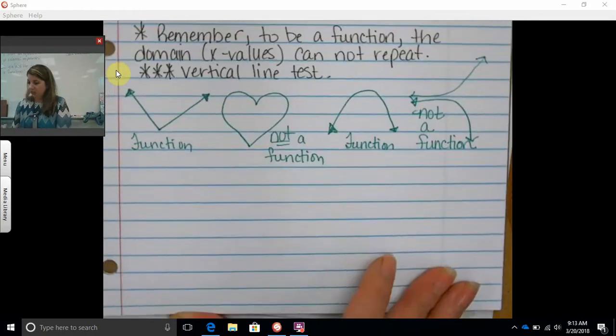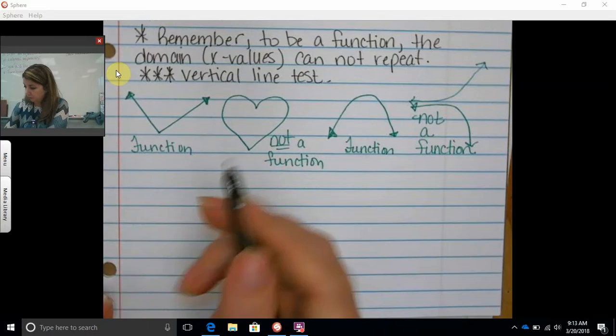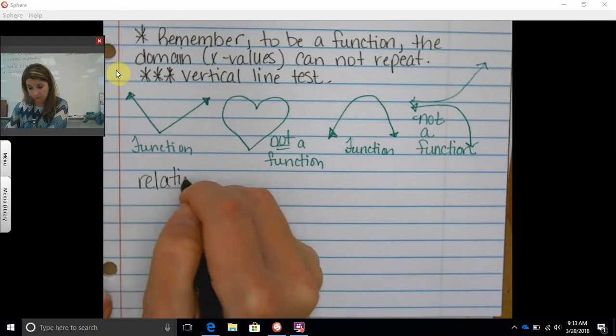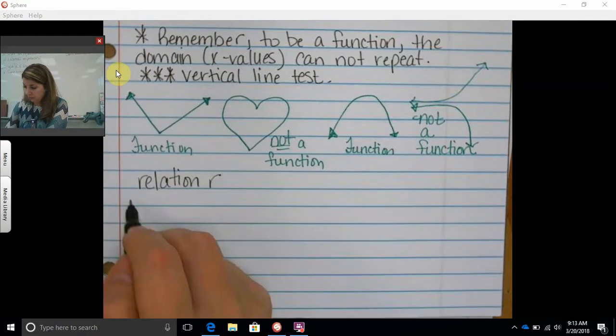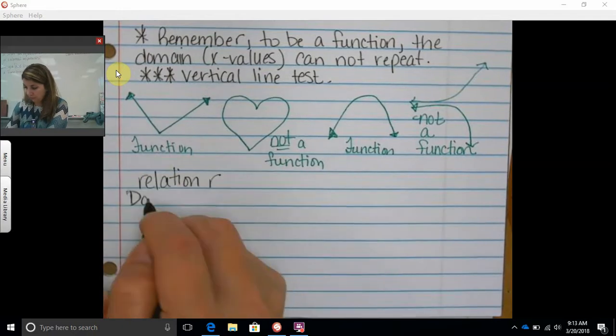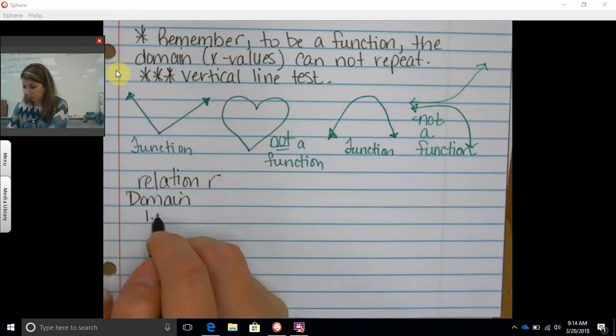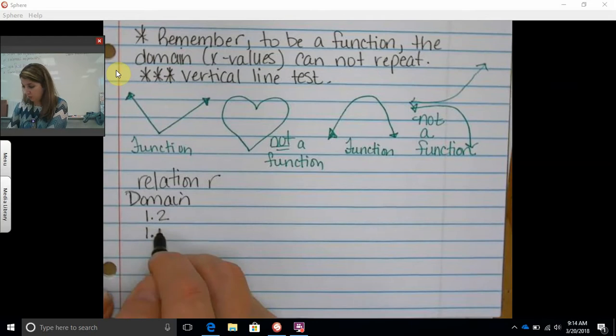If you had relation R, my domain is 1.2, 1.4, 1.6, 1.9.